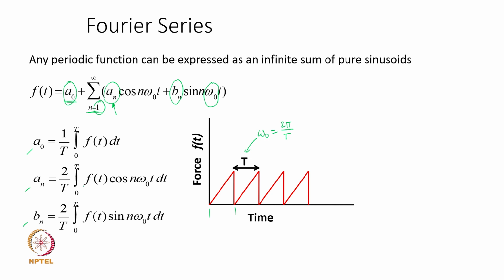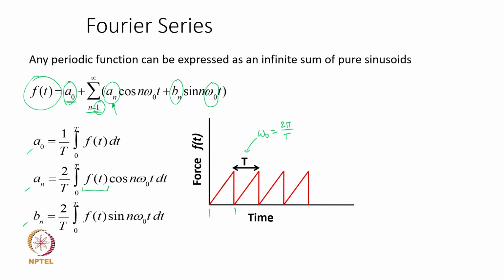Please make a note that these coefficients therefore depend fully on what your original time function f of t is. Okay. That will guide and decide what a n's, b n's and a naught are. Okay. Omega naught is defined for a given periodic function, and f of t is what this function is.